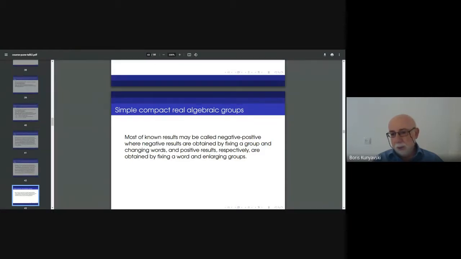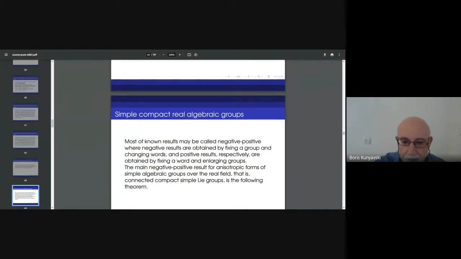So fixing a group, we can find a very bad word such that the corresponding word map will be not surjective and very far from being surjective. And positive results can be obtained in the opposite manner. We fix a word, even a bad one we found, and we start to enlarge our groups, and eventually we can hope to get a surjective word map. So this is a typical situation in a sense, and I'll show you two theorems in these directions.